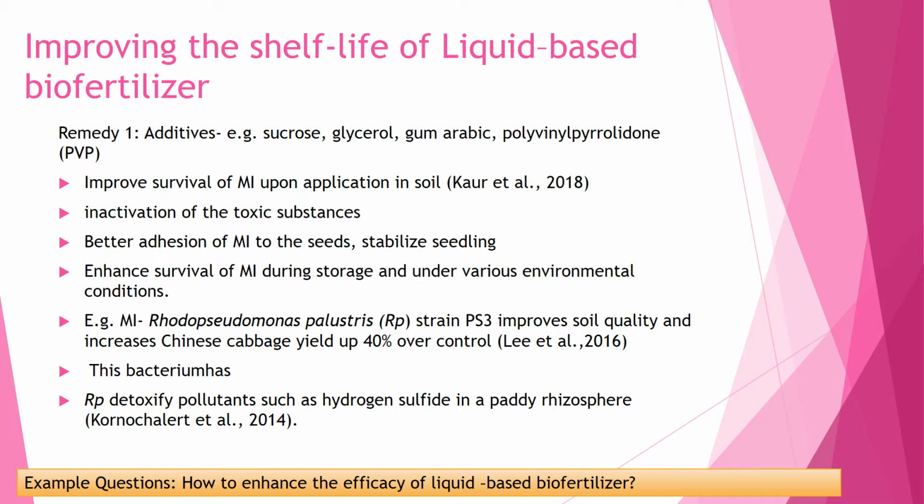Yeah, some of the compost will release hydrogen sulfide due to organic matter degradation, and this kind of smelly gas also needs bacteria to detoxify it. It can also be toxic to the paddy plant.